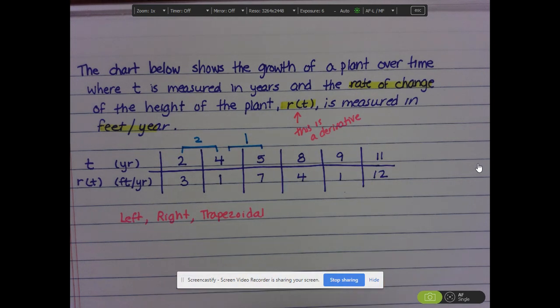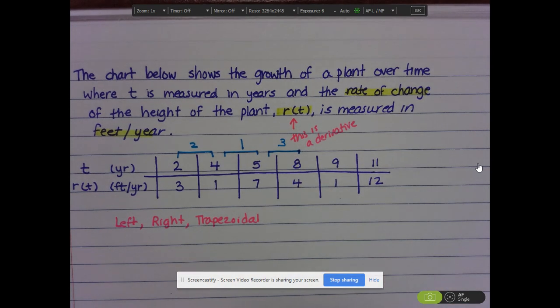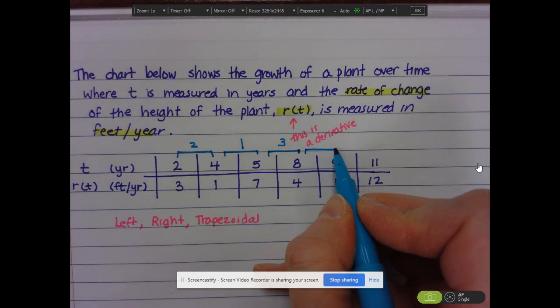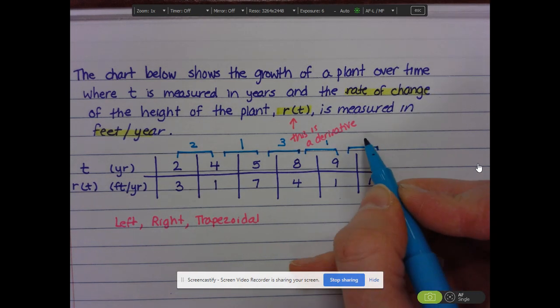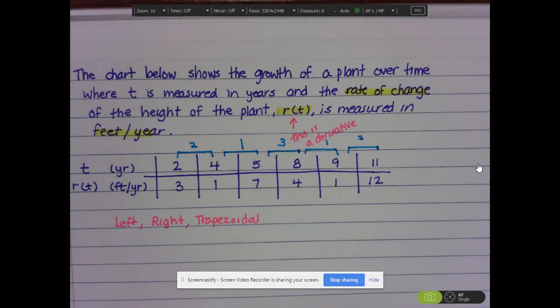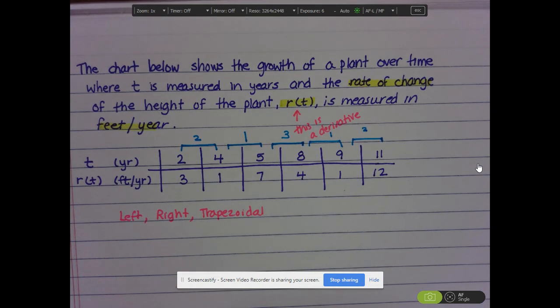Between year 4 and 5 there is only 1 year difference. Between 5 and 8, there's 3 years difference. Between 8 and 9, there's 1 year. Between 9 and 11, there's a 2-year gap. So with these particular Riemann sums, you will not have the same width for all of your rectangles. That's important to know.